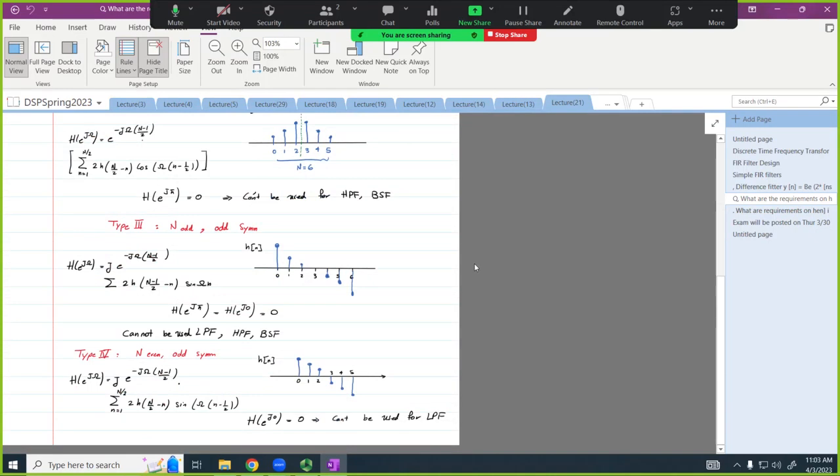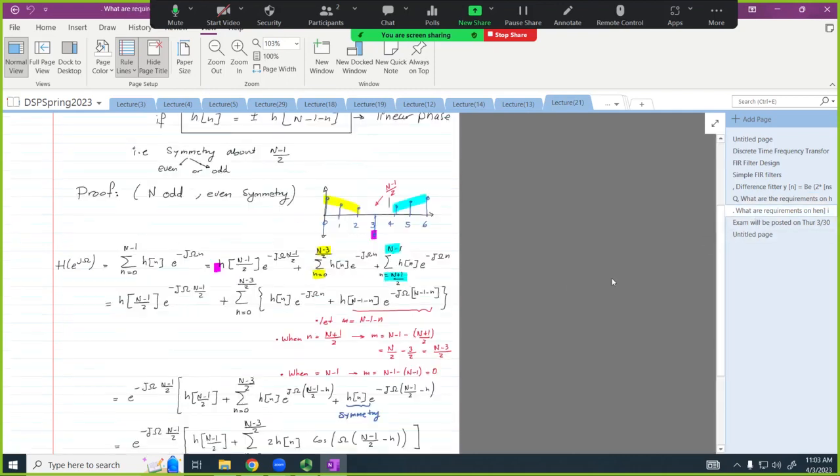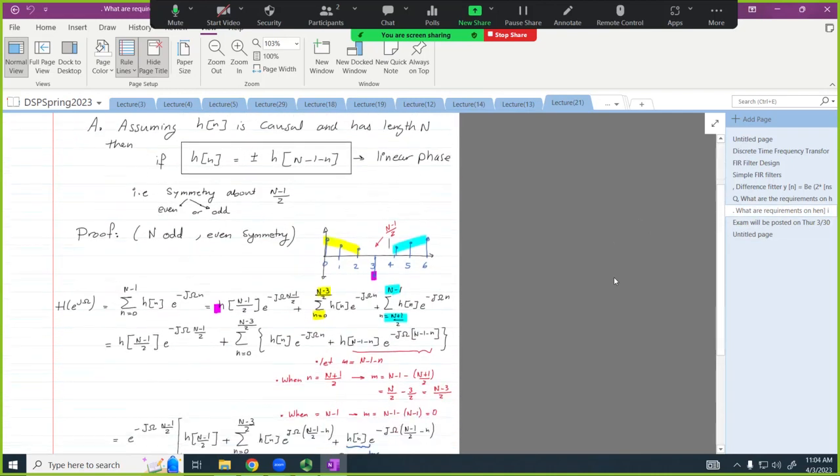And we did not derive, we wrote the expression for the frequency response of these filters, and we said we're going to take one of them and derive the frequency response. So we took the case when N is odd and we have an even symmetry, and we said we're going to derive the frequency response and show indeed that the phase of the filter is going to be linear.